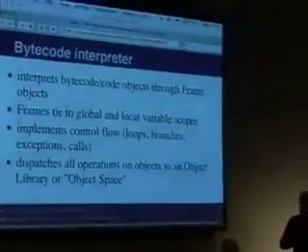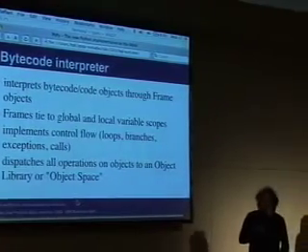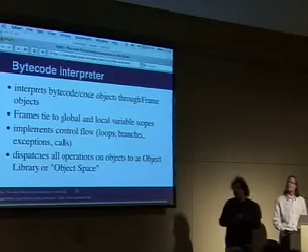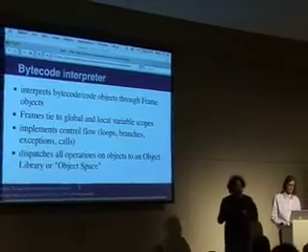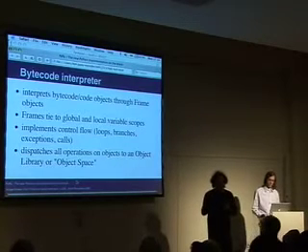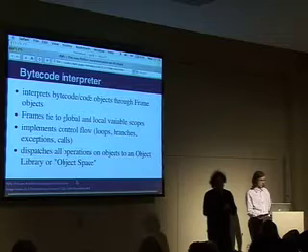architecture. Then the bytecode interpreter sees this bytecode and creates frame objects which contain local variables, global variables, and the bytecode interpreter also implements this control flow. So if you have a for loop and you go back and forth, there's no operation really involved. That's solely done by the bytecode interpreter.